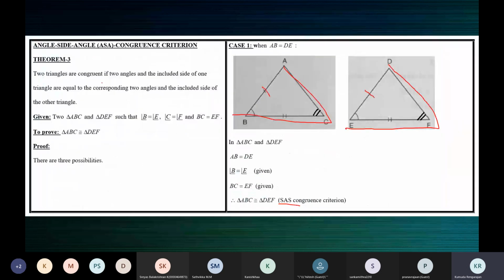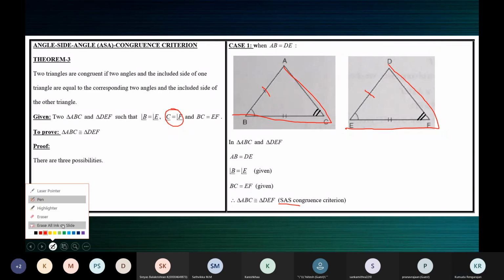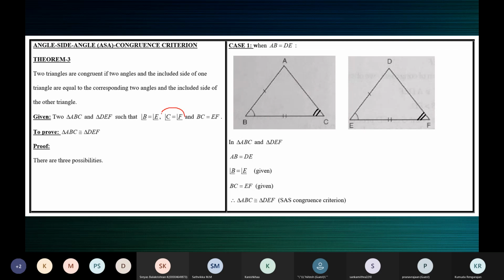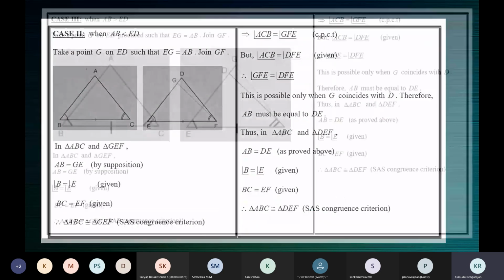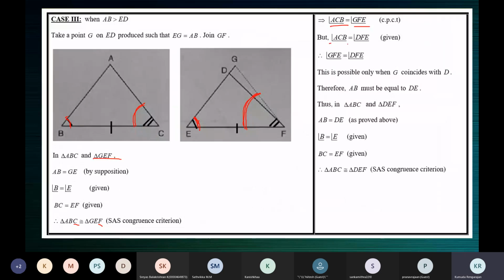We are given that angle C is equal to angle F, that is, angle ACB is equal to angle DFE is given to us.